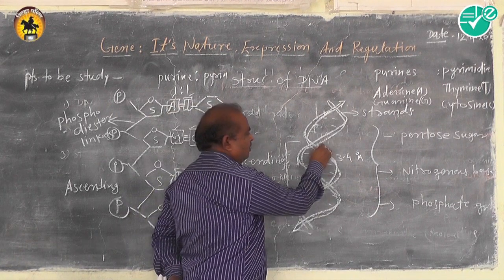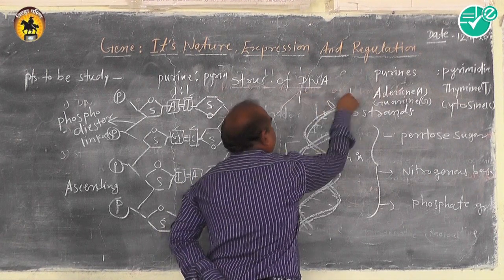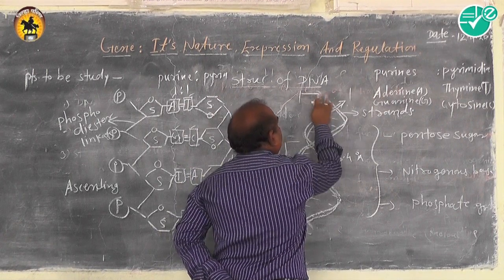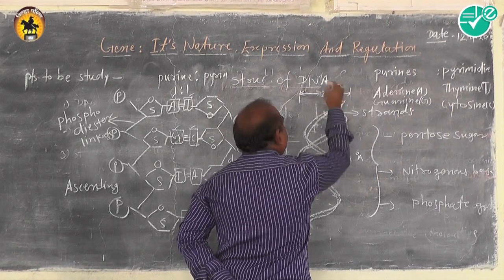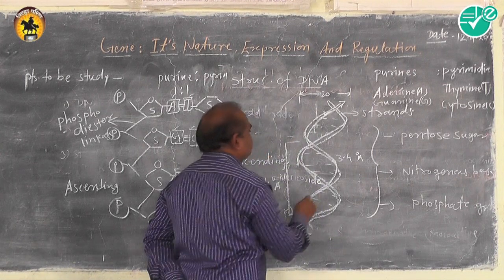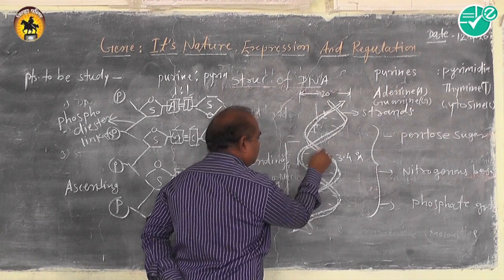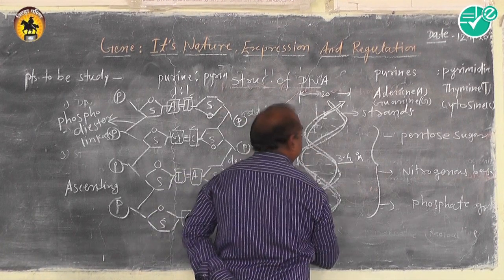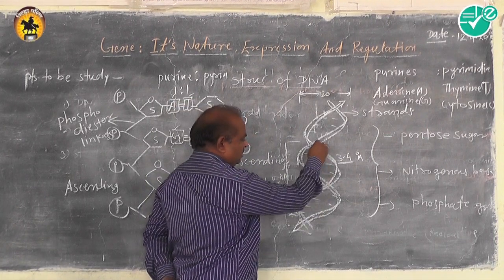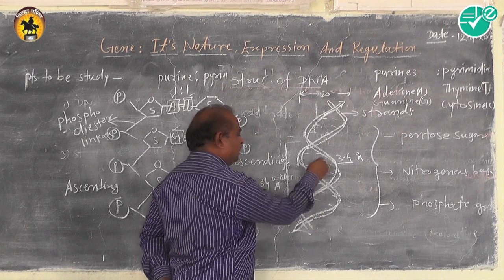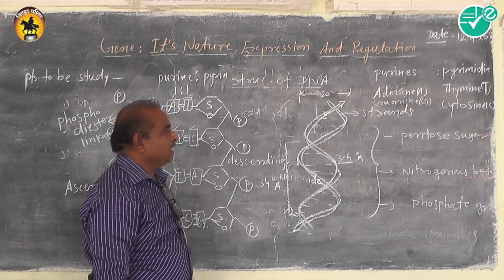The diameter of the DNA strand is 20 angstrom. The 10 nitrogenous bases of the two strands are placed at equal distance, 3.4 angstrom, and these 10 bases make up one turn of the DNA. These are the dimensions.